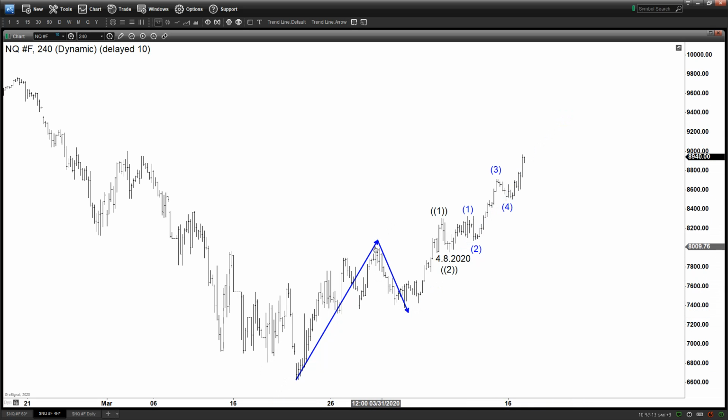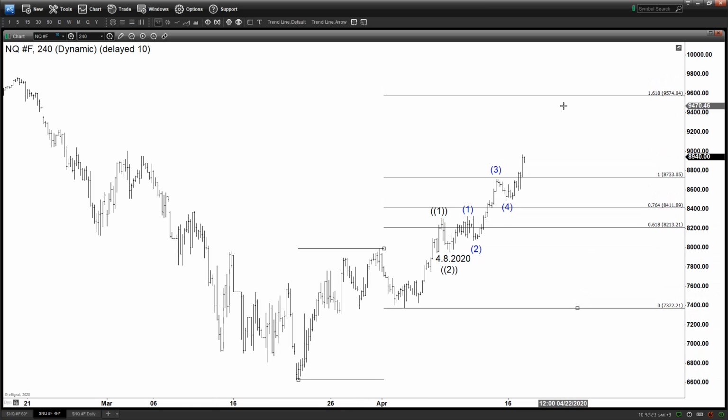Now if you measure using the Fibonacci extension from this COVID-19 low here, you can see that we are currently already at the 100% extension area, and it still continues to go higher. Again, like I said, it seems to be missing this cycle here.